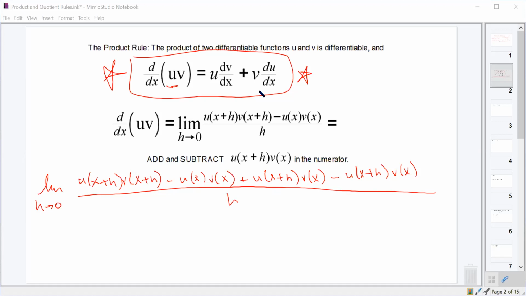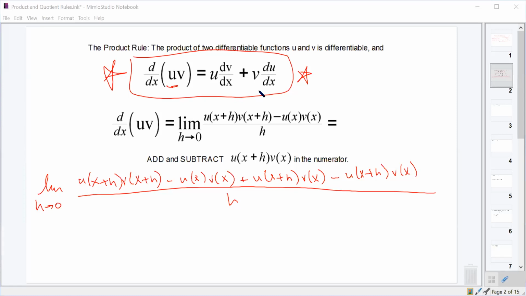So what we need to do then is find a way to break this limit up into two different limits so that we are able to evaluate some of them. So we need to choose a couple of the terms in this numerator to put together, and then another two of those terms to put together and see if we can somehow simplify them down.